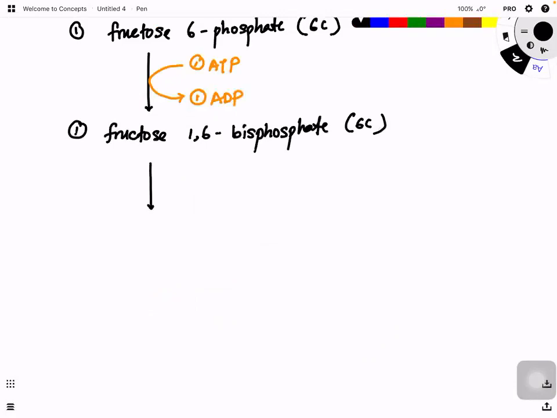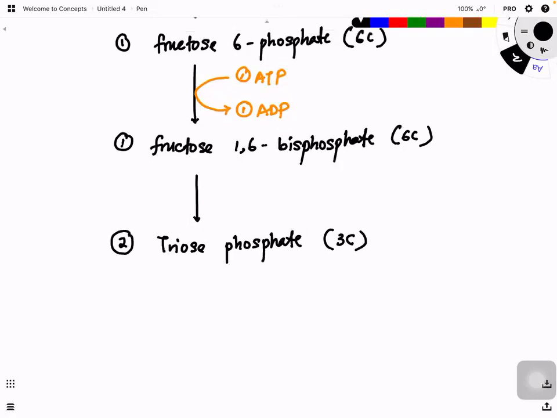So from 1 molecule of fructose 1,6-bisphosphate, we are going to get triose phosphate. Triose phosphate is 3 carbons, correct? So it means we are going to have 2 molecules. So 1 molecule of glucose is now split into 2 molecules of triose phosphate. Are you clear?